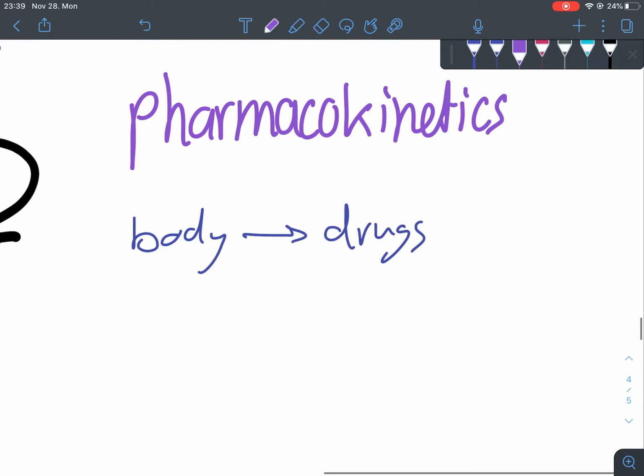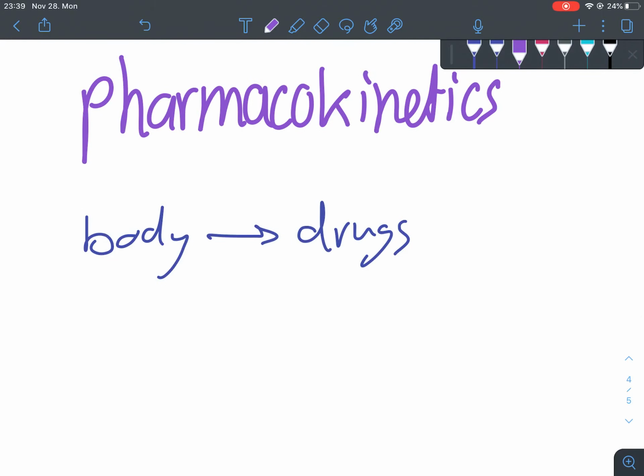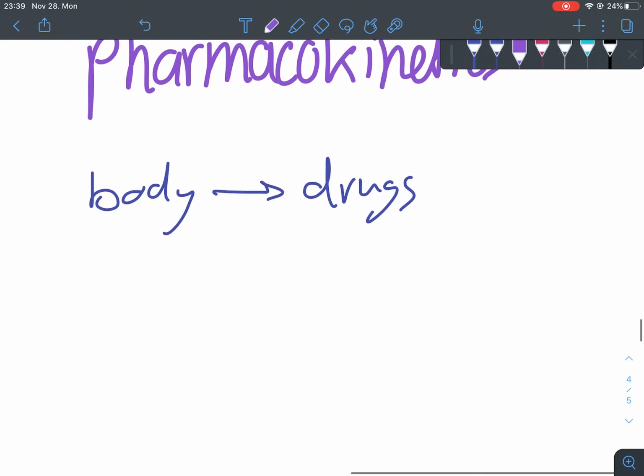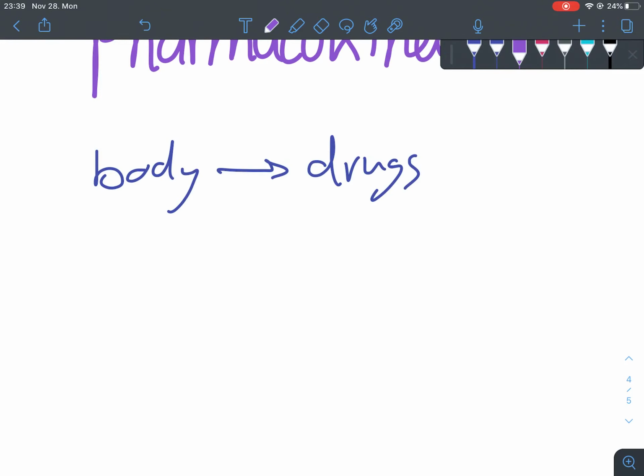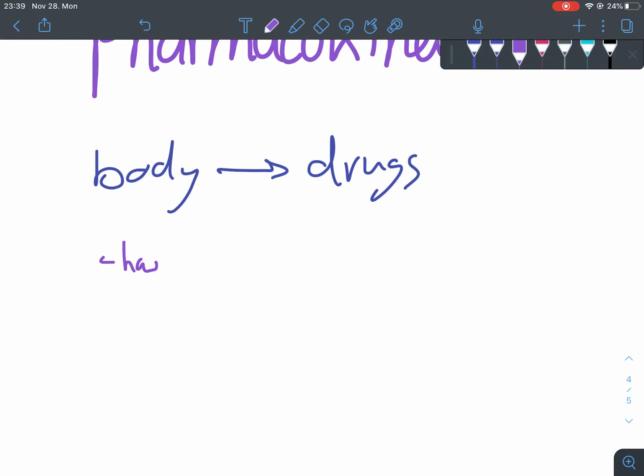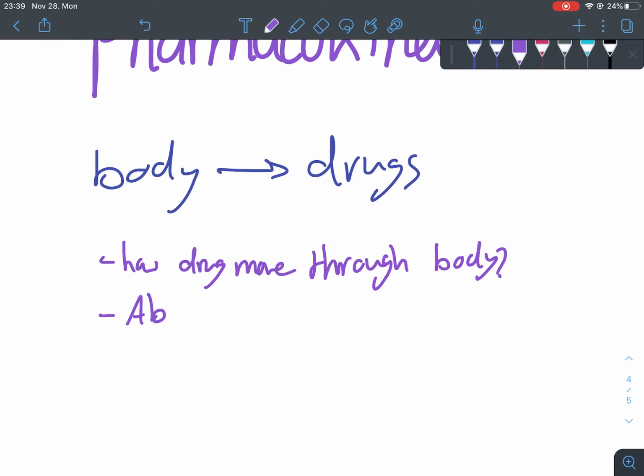On the other hand, with pharmacokinetics, we look at what the body does to the drug. And so here we're going to ask the following questions. How does the drug move through the body? How is it absorbed? How is it distributed?